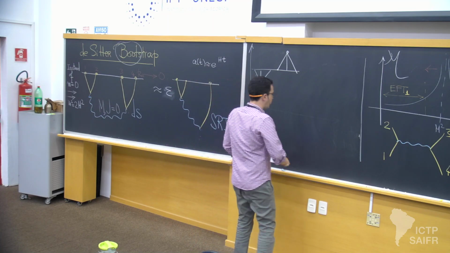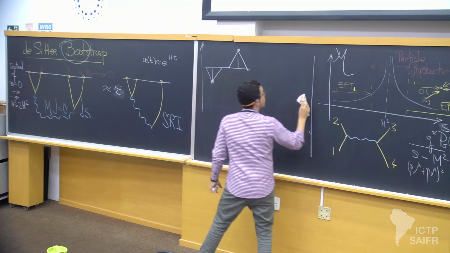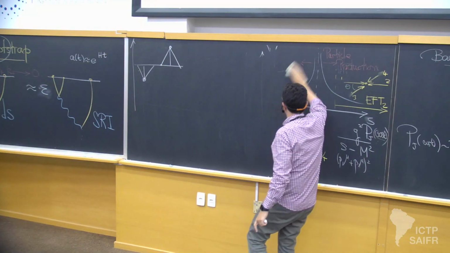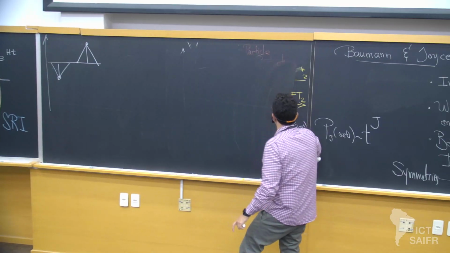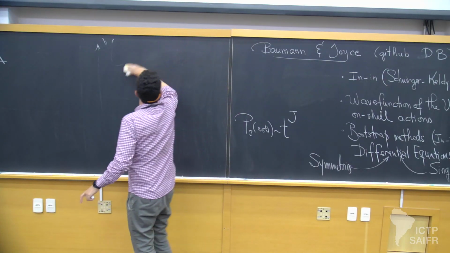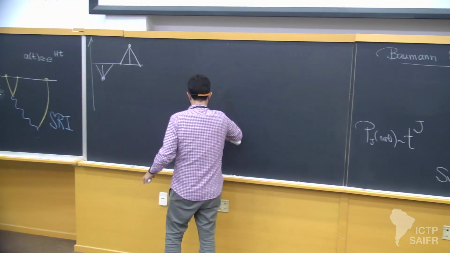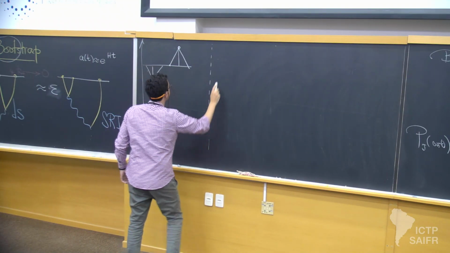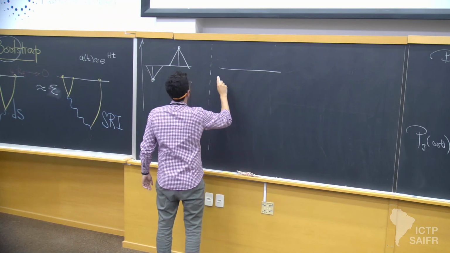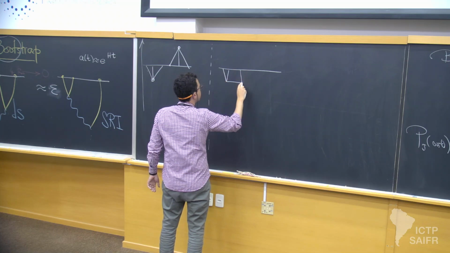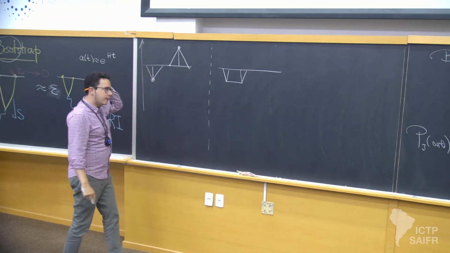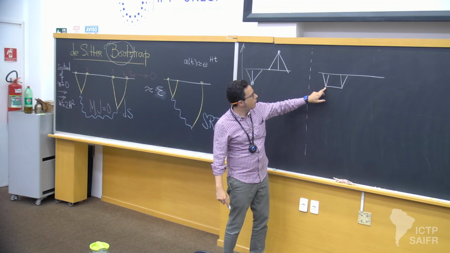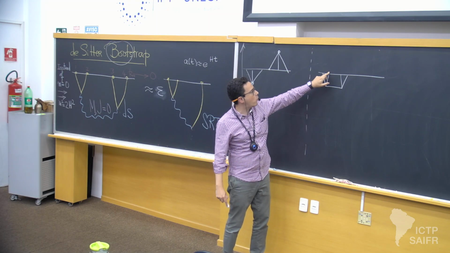Very good. So what happens at 4 points when I have an exchange, like the diagram that we are interested in? At 4 points, you're going to have this. Now there are propagators that send you from this point to this point. They're Wightman functions, right?